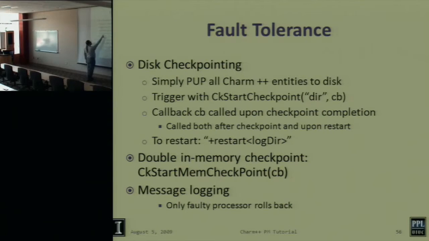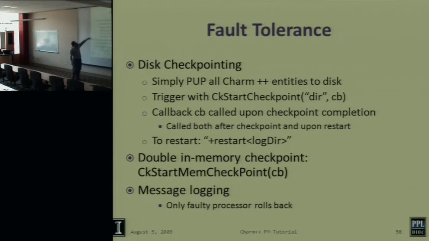In this case, this callback is after completion. And so after you're done with your checkpoint, we're going to give that callback and say, checkpoint is now complete. And if we are resuming from that checkpoint, we will also call that same callback. So just have one callback which resumes computation after your checkpoint.